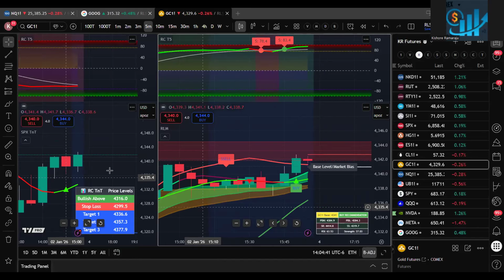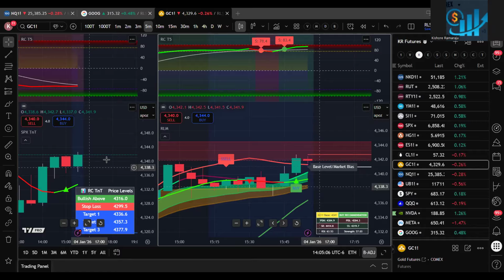So whenever your higher time frame is bullish, it is bullish above 43.16. Price is 43.40. That means it can go all the way to a minimum of 43.57 today evening. If it breaks 43.57, then it will also go to 43.77. So always use the higher time frame to do the planning.